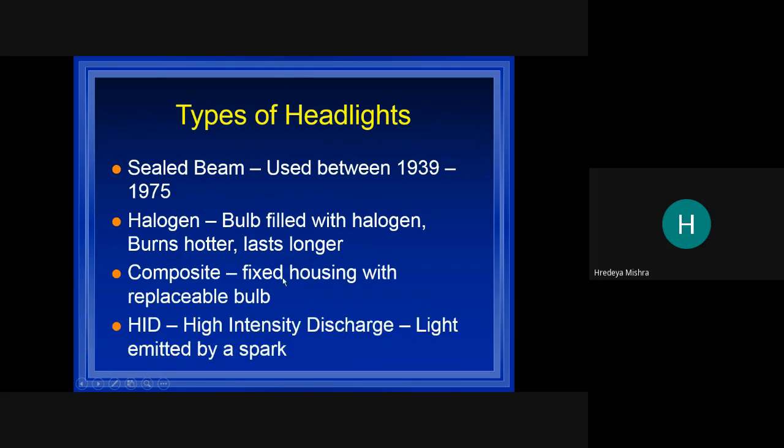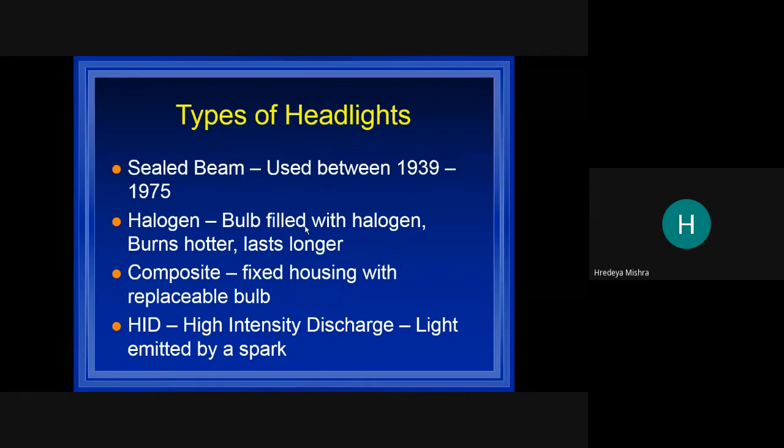Composite, mixed housing with a replaceable bulb, meaning we can replace the bulb in this composite, but in both the first and second we can't replace the bulb.